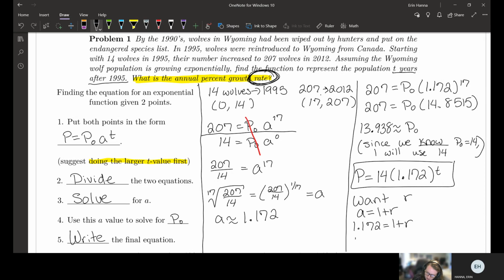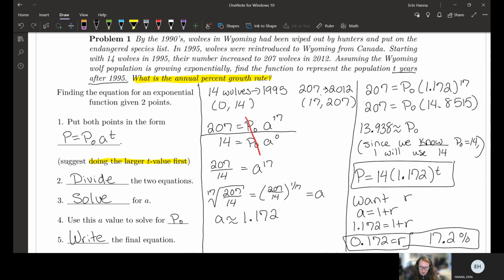Subtract 1 from both sides, you get that R is equal to 0.172. And since this is usually written as a percent as well, let's also switch it over to 17.2%. If it doesn't specify one over the other, decimal versus percent, whichever one you prefer, you can leave it as.